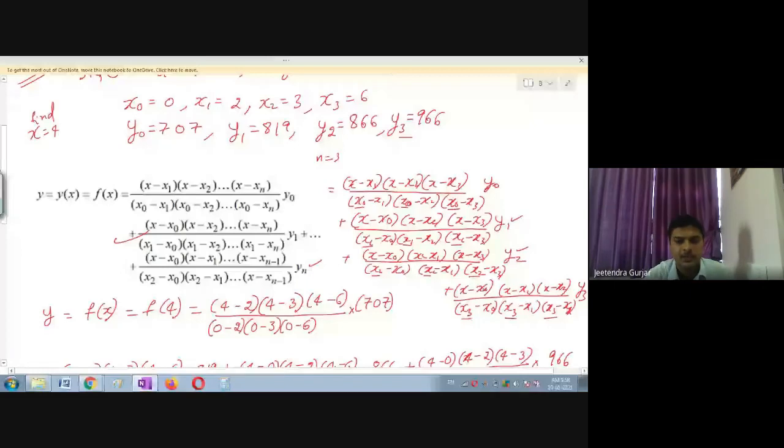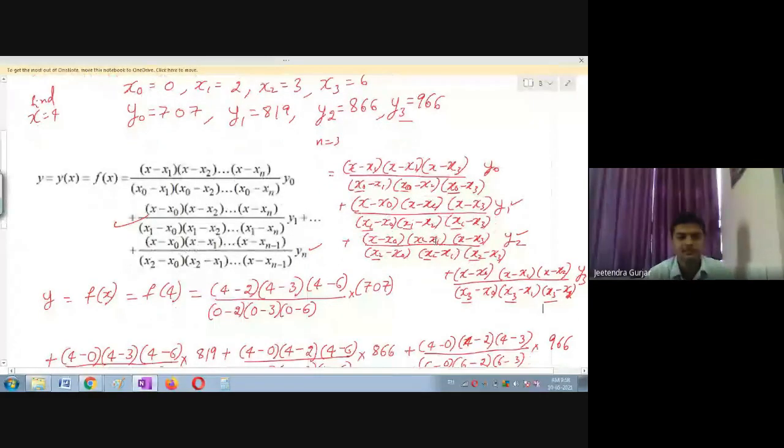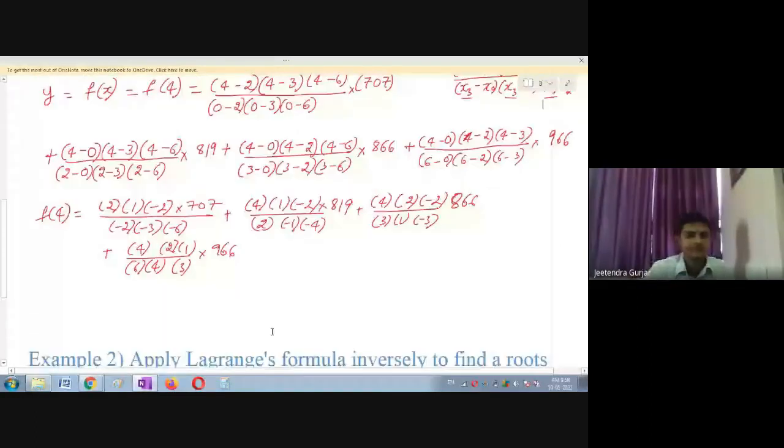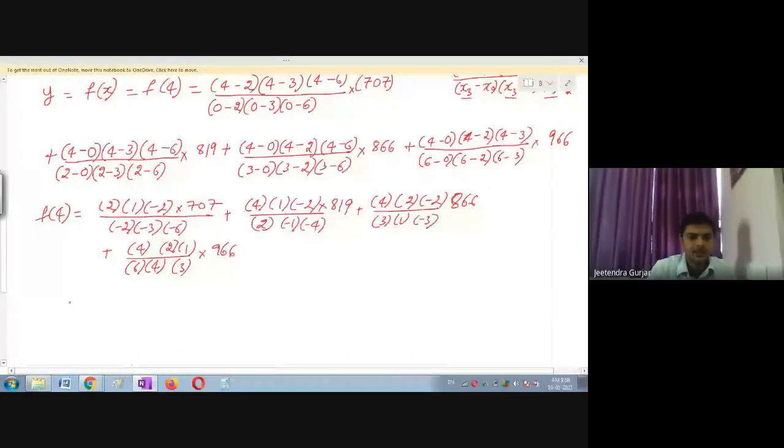That is how I have remembered the formula. Yes, students, please tell me what is the answer. Just use the calculator, students. Not so difficult. Yes, anyone, please tell me what is the answer.